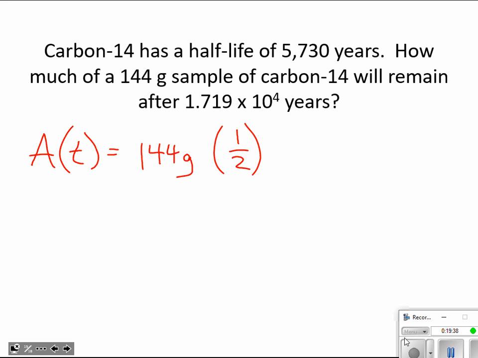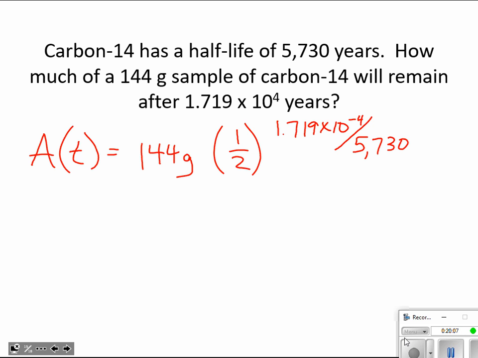So I'm going to put my T up there, 1.719 times 10 to the 4th, divided by my half-life, 5,730. Now I'm going to use that to get my exponent for the 1/2. What do I put to the half power?